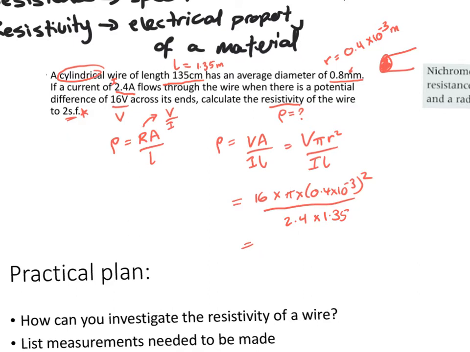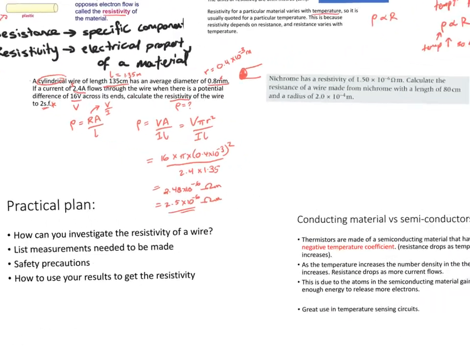So it comes out to be 2.48 times 10 to the minus 6 ohm meters, but it wants two significant figures, so that's 2.5 times 10 to the minus 6 ohm meters. You can notice from here that the value is quite logical. At the end of the day, it is a wire, and all wires are made up of conducting materials, so the value does seem logical.